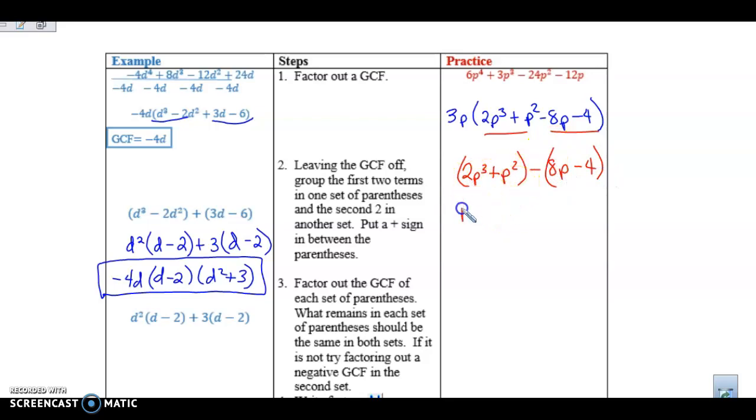Looks like p squared times 2p to the first power plus 1, and minus 4 times 2p plus 1.